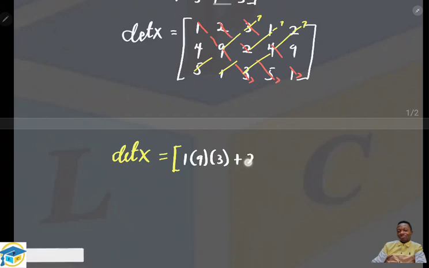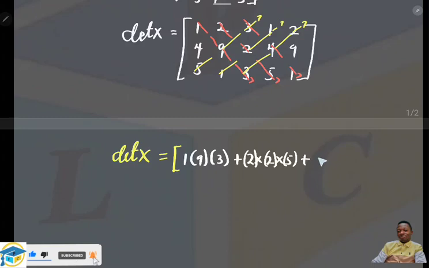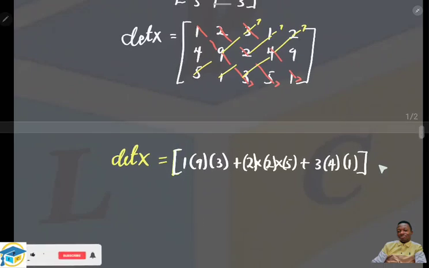Then we have 2 multiplying 2 multiplying 5. The same thing actually. Then we will say plus. Then we have 3 multiplying 4 multiplying 1. So that becomes the product of the downward arrows.